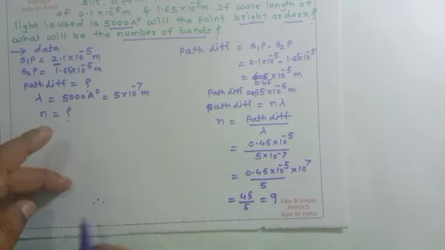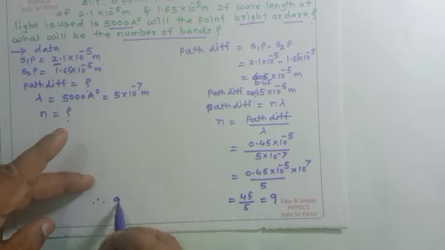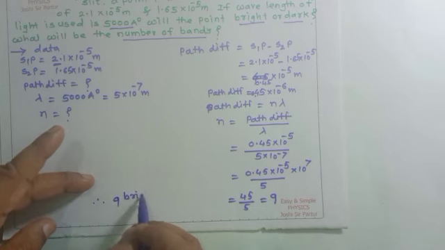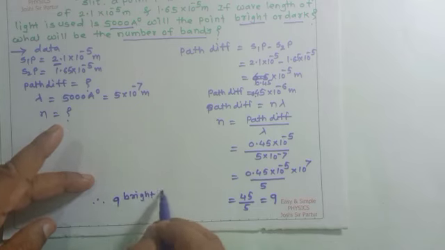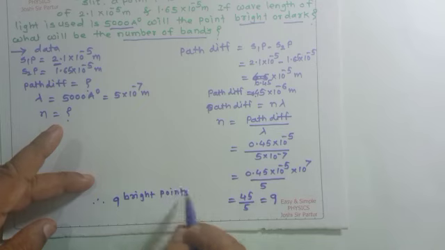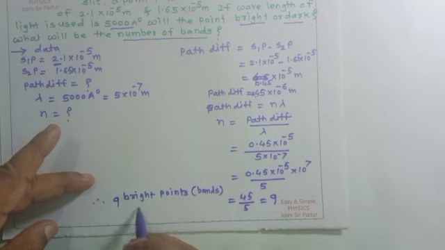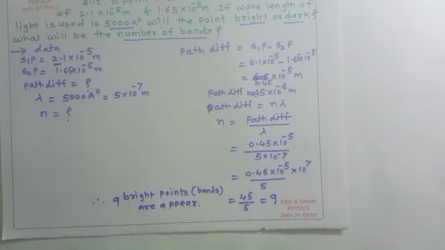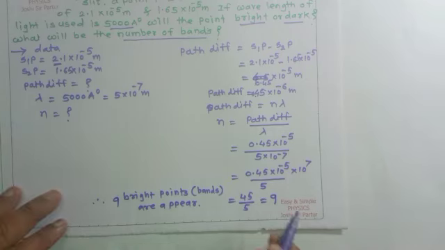So 9 bright points or bright bands appear, because n is equal to 9. Is 9 an odd or even number? For a bright band, it should be an odd or even number?